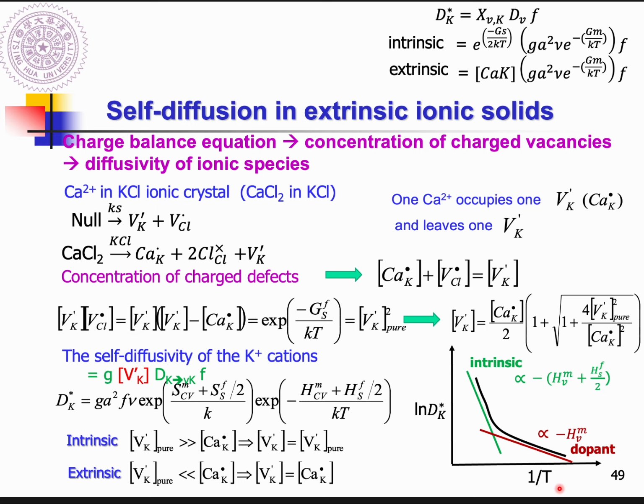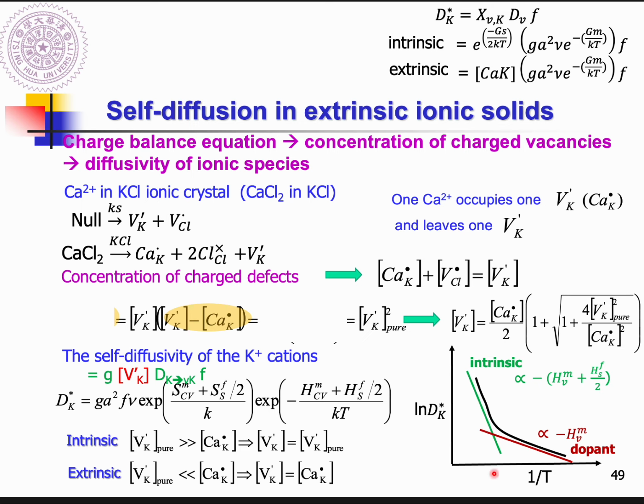And after fitting, based on the results of the fitting, you can know the vacancy migration energy. And after fitting, you know the slope, right? As long as you know this term, you know the slope, so you can estimate the Schottky defect formation energy in these material systems. Okay? So this provides you a method to estimate the vacancy migration energy and Schottky defect formation energy in your ionic materials.